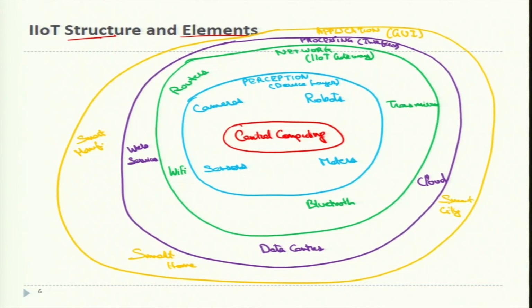Here definitely you could see, because so many things are connected, the data is to be transferred from one place to another. That is the structure and elements. Next is big data analytics in the industrial Internet of Things.